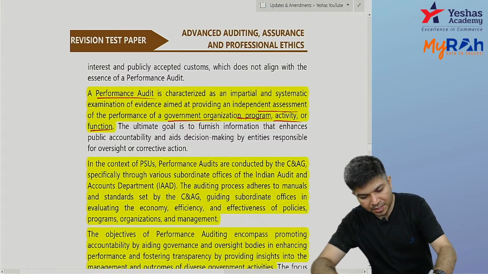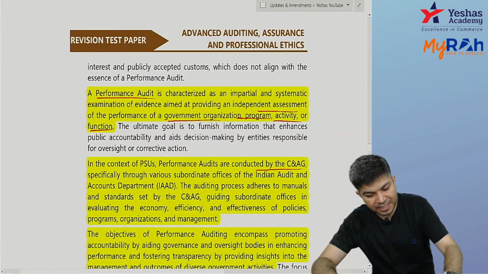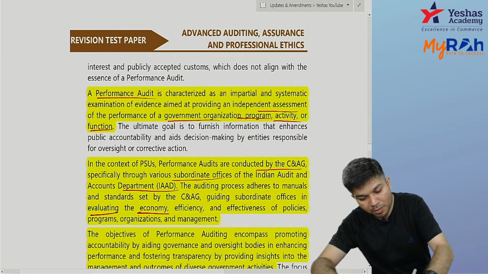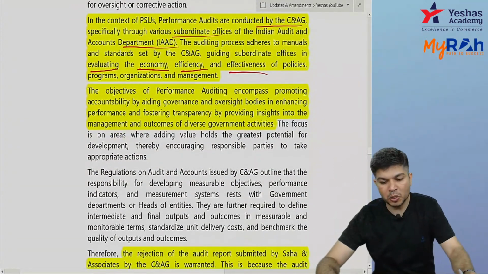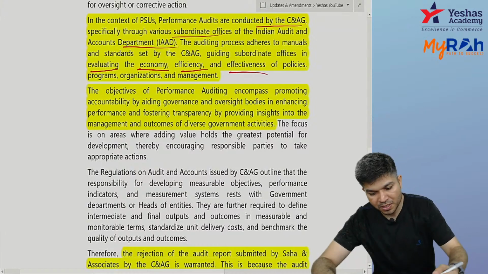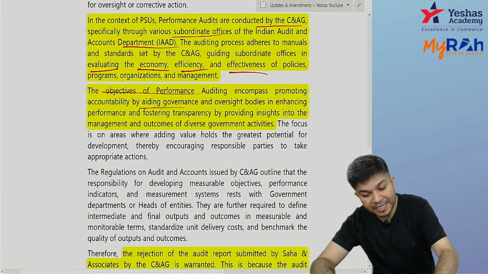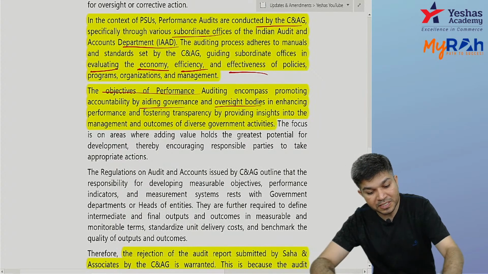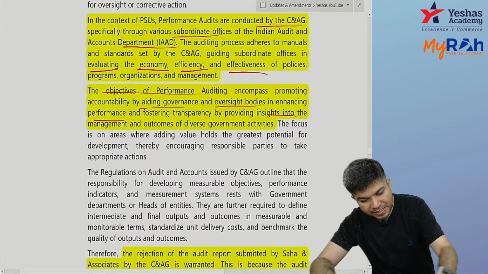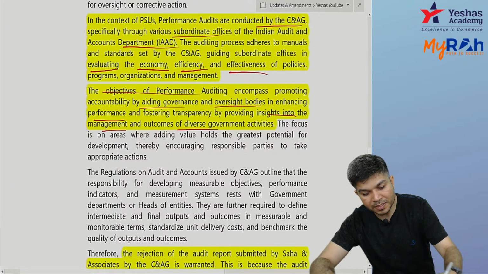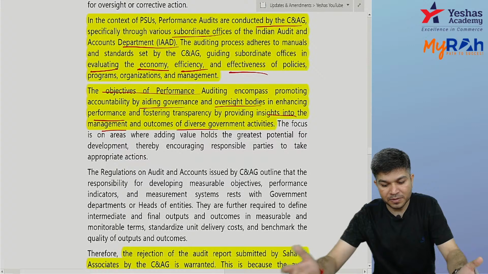Performance audits are conducted by C&AG through various offices, the IAA&AD department, and they try to evaluate economy, efficiency, effectiveness. The objective of performance auditing is to promote accountability by aiding government and oversight bodies in enhancing performance, and to provide insight into the management of the diverse government activities.